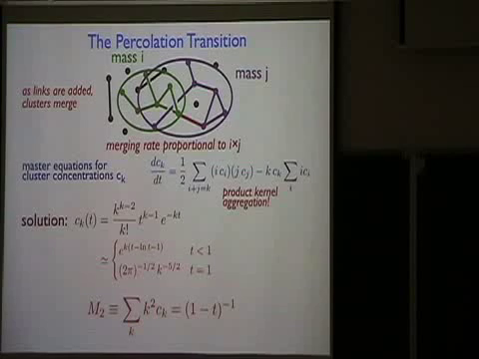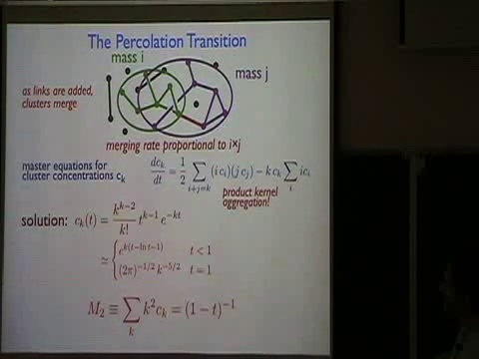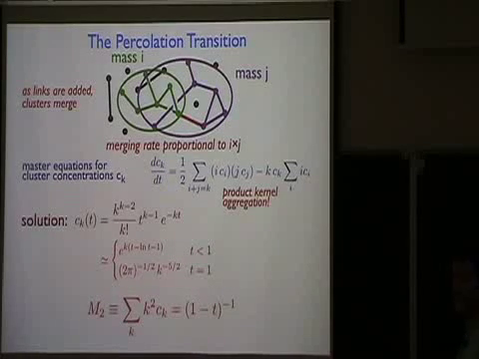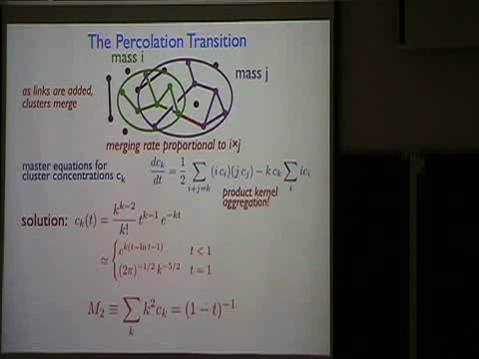Okay. And as we saw on Monday, the average cluster size, which is naturally measured by the second moment of the cluster size distribution, diverges at t equals 1. So once we reach t equals 1, there's one giant cluster, and eventually, as time goes on, this giant cluster sucks up everything else.